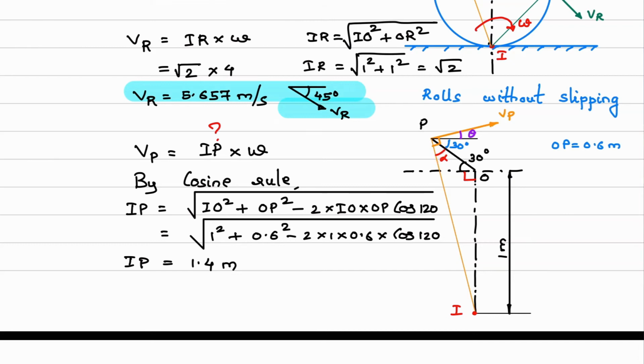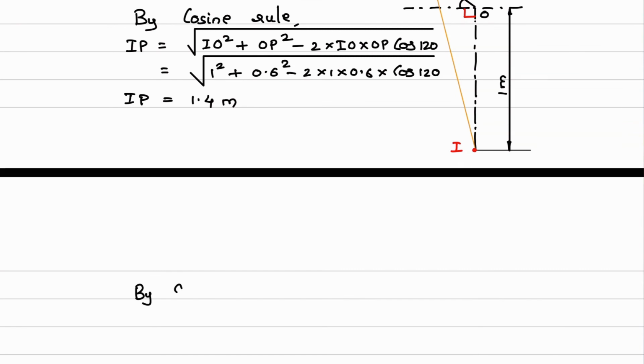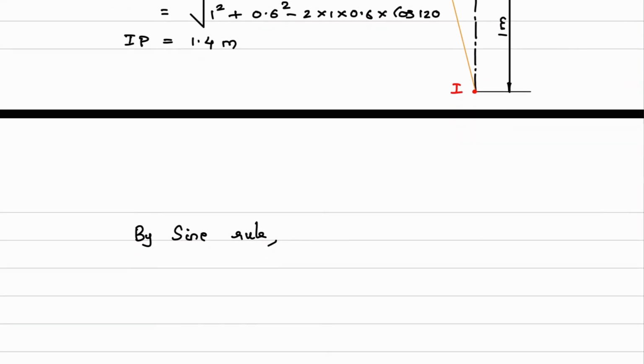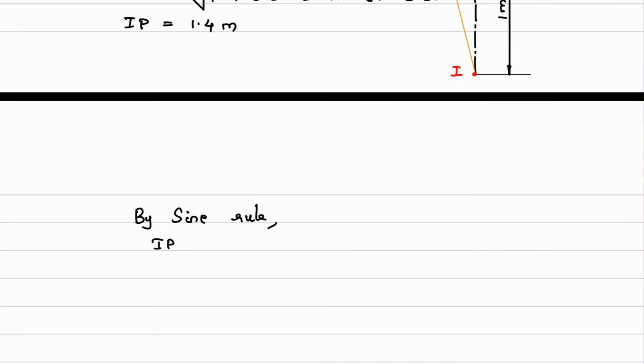So I'll write down, by sine rule, IP upon sine 120 is equal to IO upon sine alpha. We can calculate alpha from there.